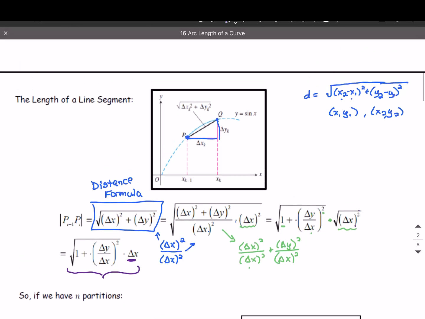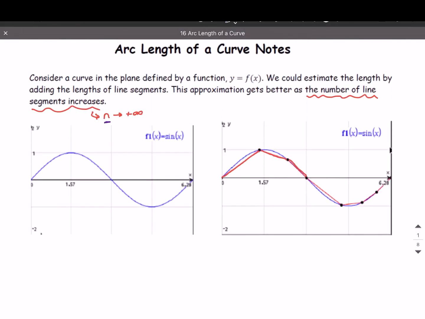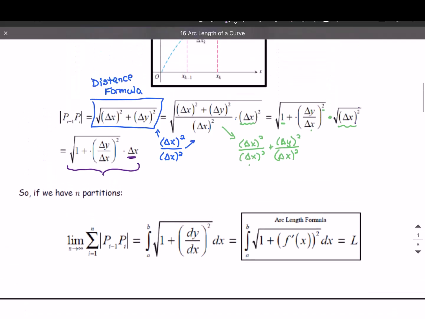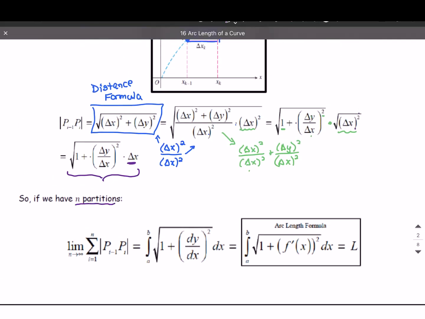Now, remember when we said back here that if we let the number of line segments increase, that's like when we had the Riemann sums, we let the number of partitions increase, right? Does that sound a little familiar? So if we do that, and we take the limit as n heads to infinity of the sum of all of these line segments, that would be the integral from a to b of, now remember, when we change from summations, this delta y over delta x becomes our dy dx, right?